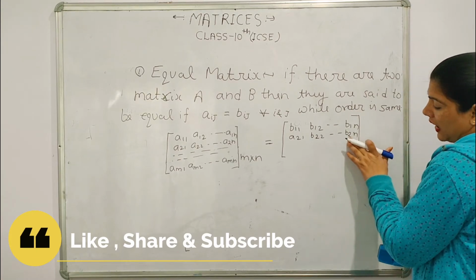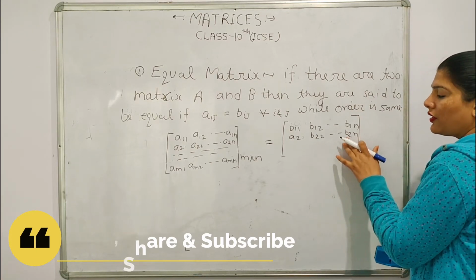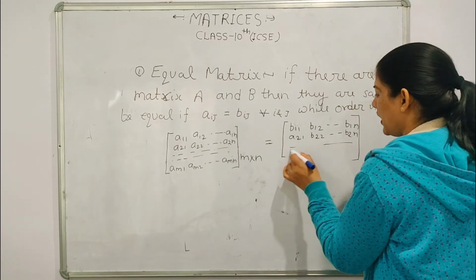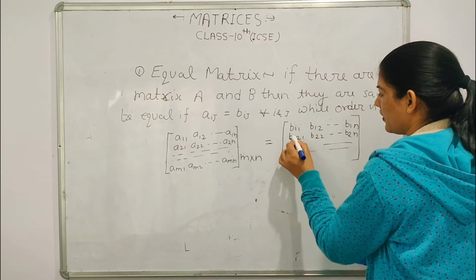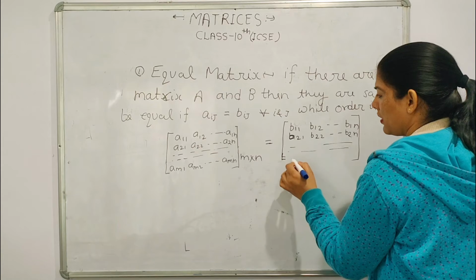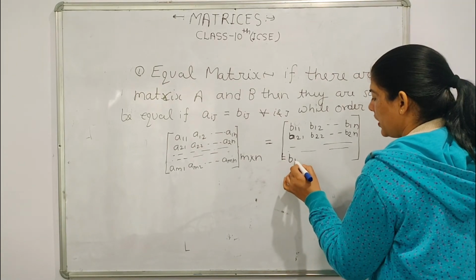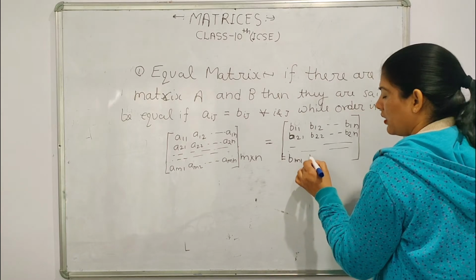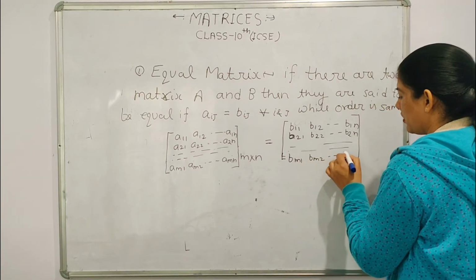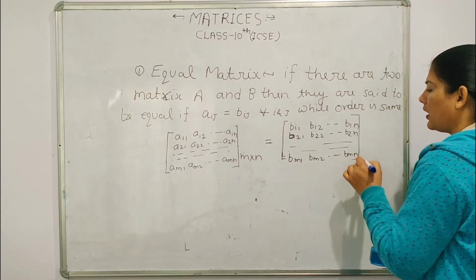This is the nth element of the second row, and if the order is the same, then the last row should be Bm1, Bm2, and Bmn.